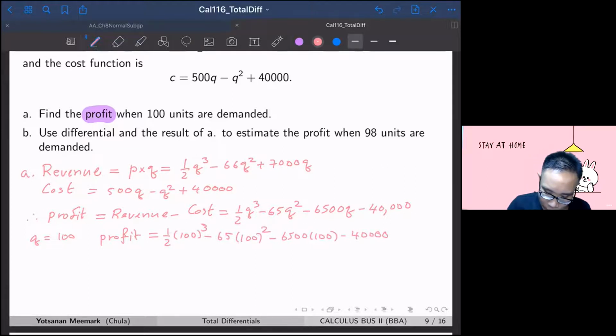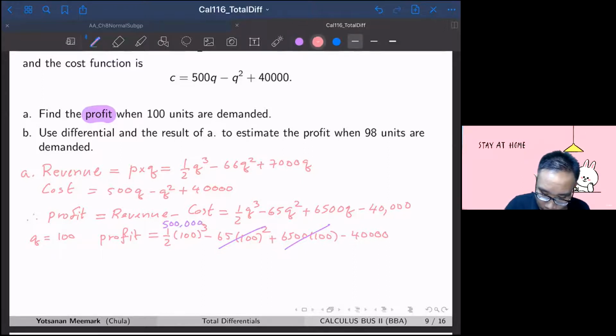Okay, and I think I have the wrong sign. This one is positive, sorry, positive. So you see that this guy and this guy are the same and the signs are opposite, so they cancel each other. And this one turned out to be 500,000.